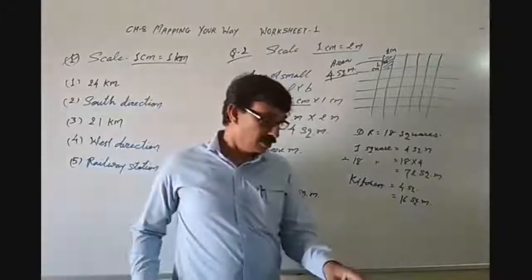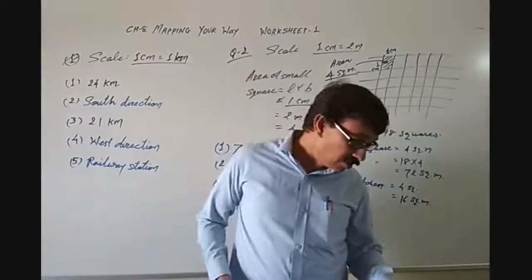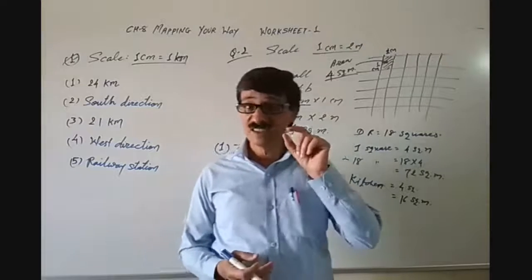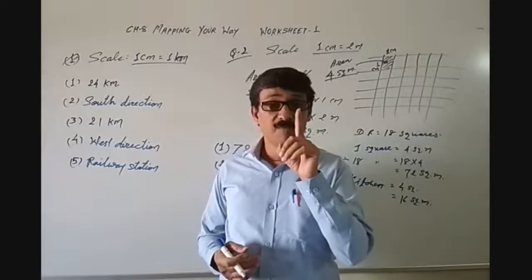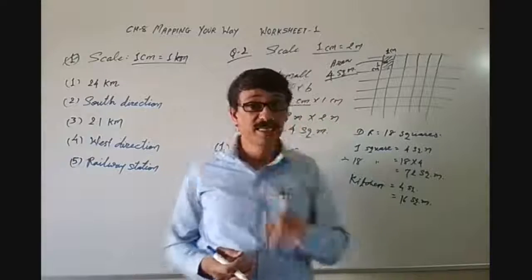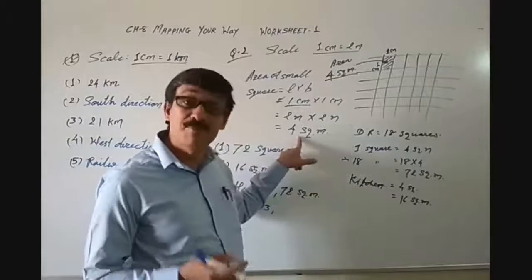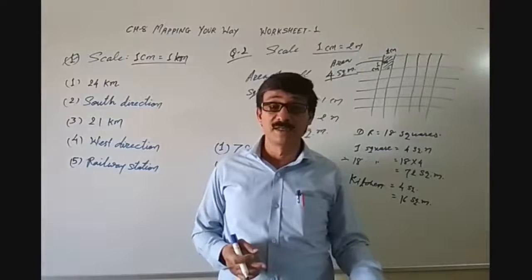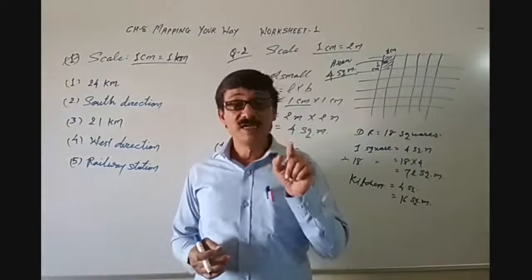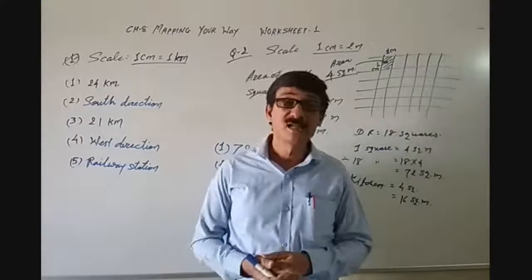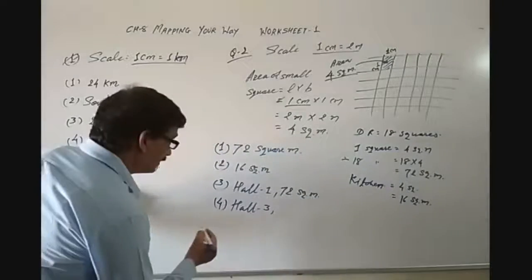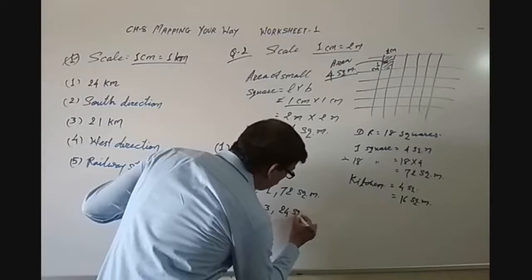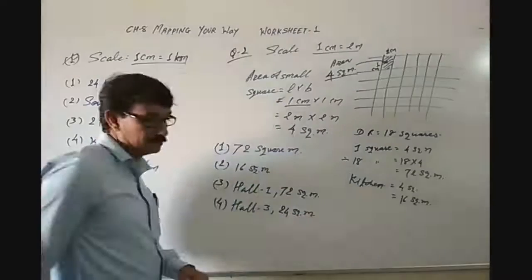The area of hole 3 is 1, 2, 3, total 6 small squares. The area of one small square is 4 square meter, so 6 fours are 24 square meter. So the answer is hole 3 and 24 square meter.